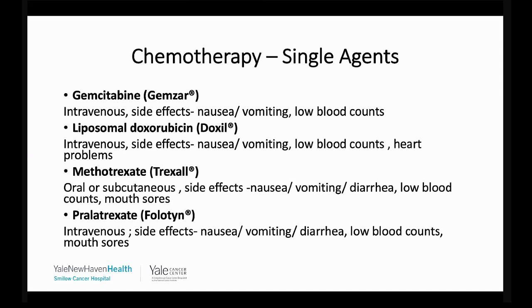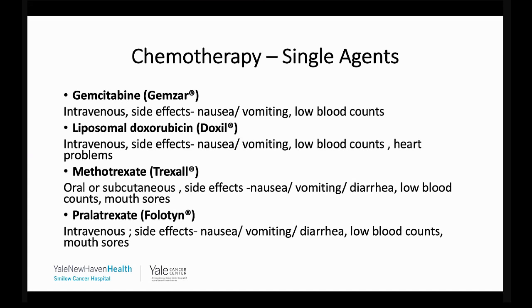Methotrexate is a very old drug. It can be used in CTCL in lower doses, either by mouth or subcutaneously, that is, an under-the-skin shot. Possible side effects with this include nausea, vomiting, diarrhea, low blood counts, and mouth sores.